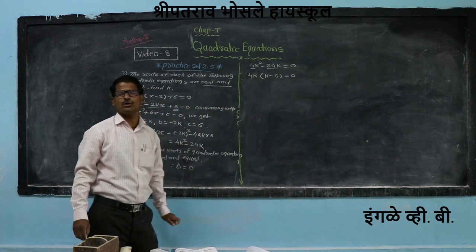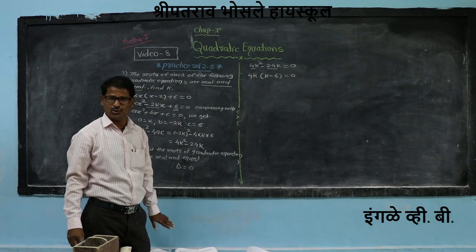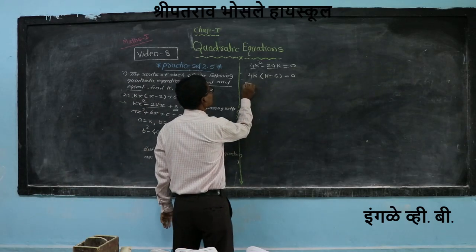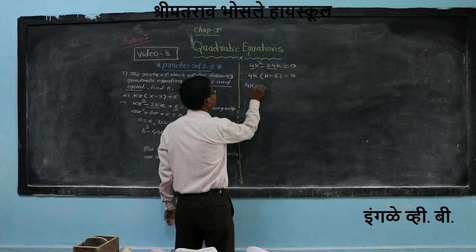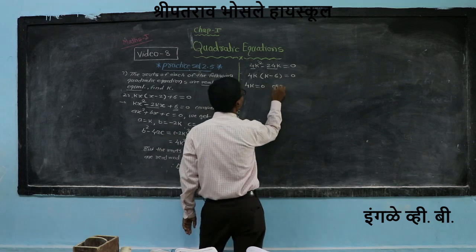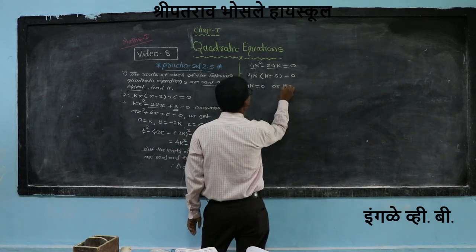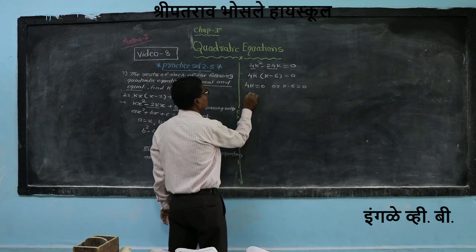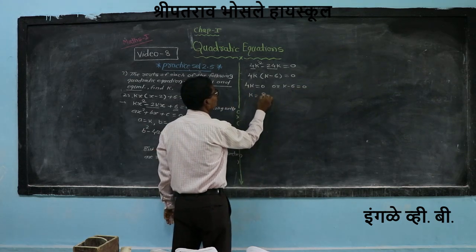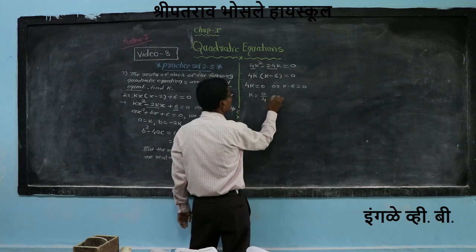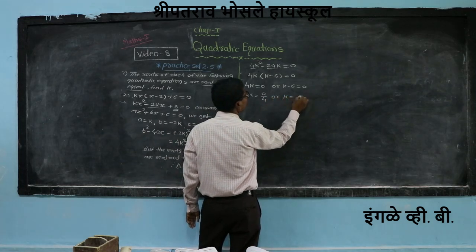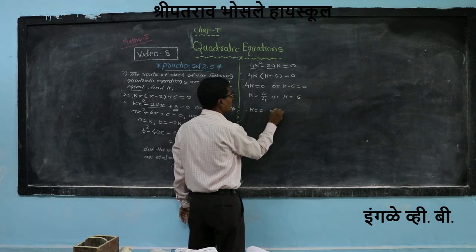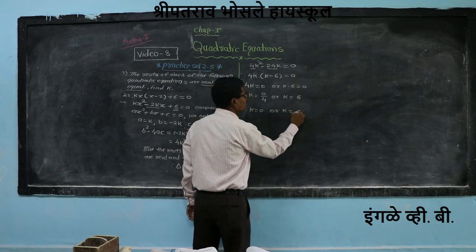If the product of two numbers is 0, at least one of them is 0. Using this property, we can write 4k is equal to 0 or k minus 6 is equal to 0. So k is equal to 0 or k is equal to 6.